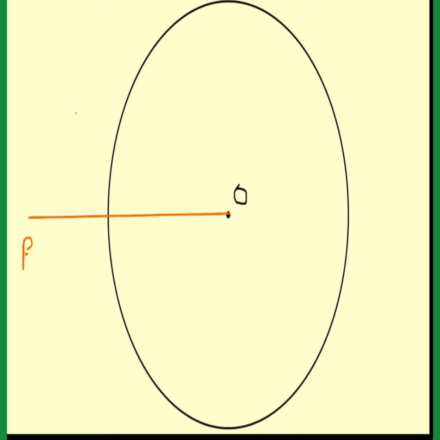From P, we will draw tangents of a circle. So what is the process?